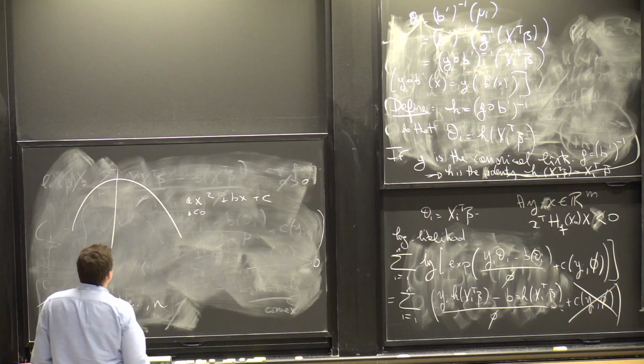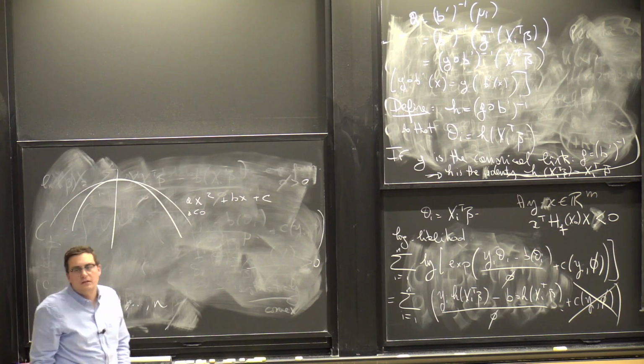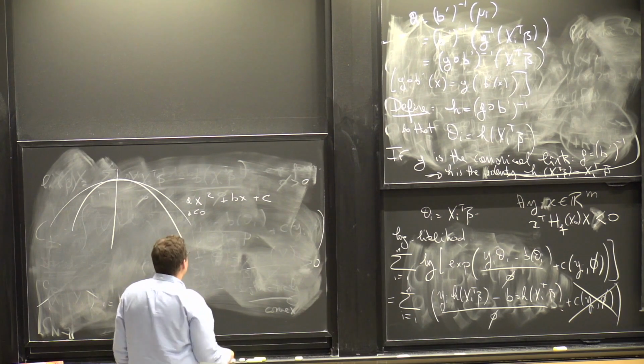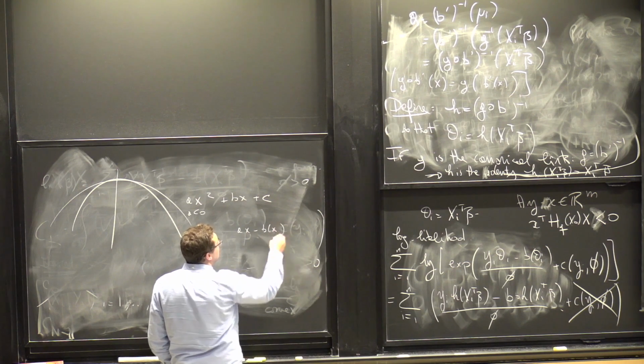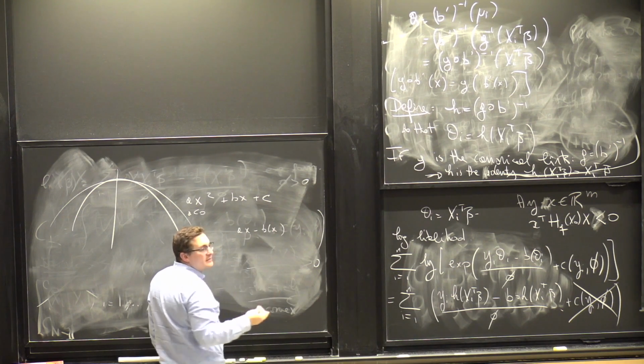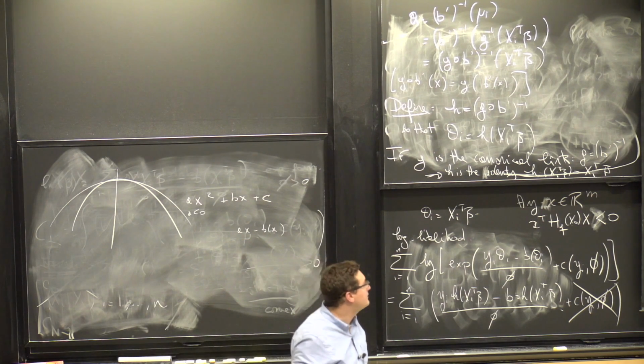If I give you any function that's concave, that's not clear, right? I mean, if I tell you the function that we have here is of the form ax minus b of x, right? Then I'm just going to have something that inverts b prime. But how do I do it exactly? It's not clear.